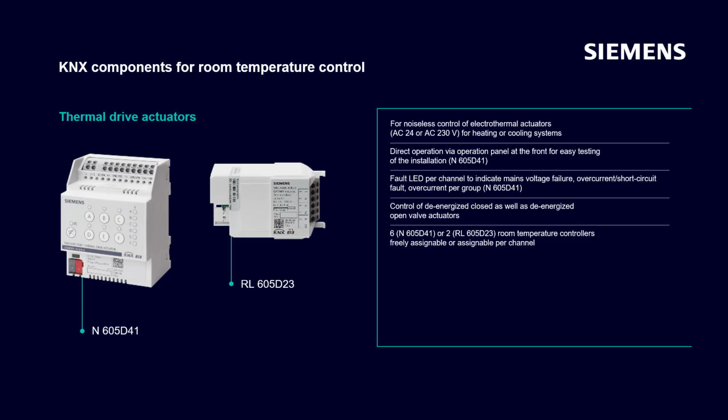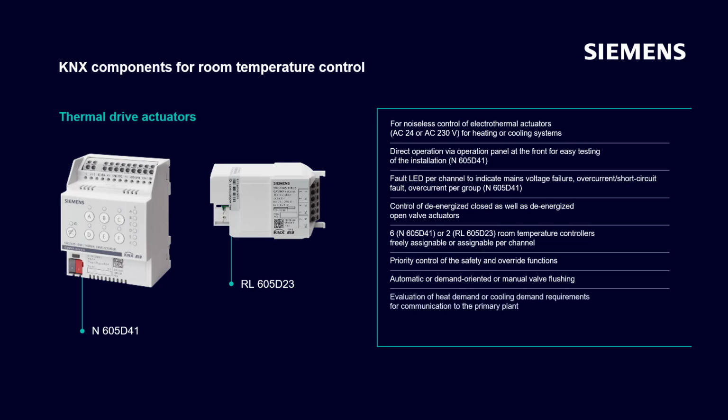This means that communication via the KNX bus, using group addresses, is unnecessary. The application includes various safety and override functions for service and maintenance. To protect against calcification, the valves can be flushed. Furthermore, various information about the heating or cooling demand can be transmitted to a primary system. This ultimately serves to save energy.